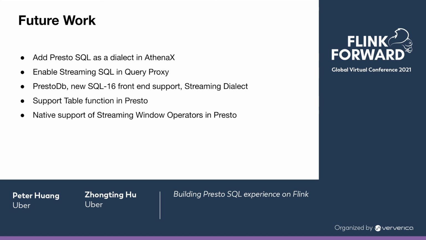And we also want to enable some SQL in the query proxy layer. And talking about PrestoDB, the open source community is also working on the new SQL 16 front-end support, which natively includes the streaming dialect. So going forward, we want to look at that framework and integrate with AthenaX and Flink as well.